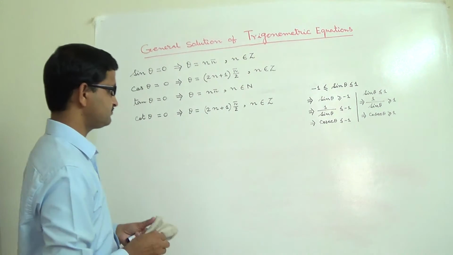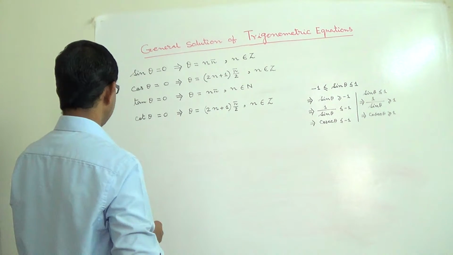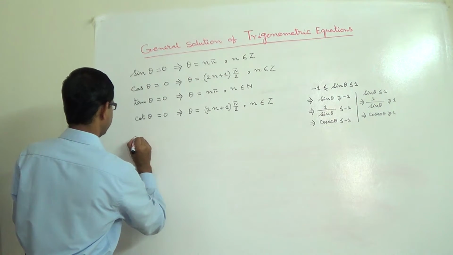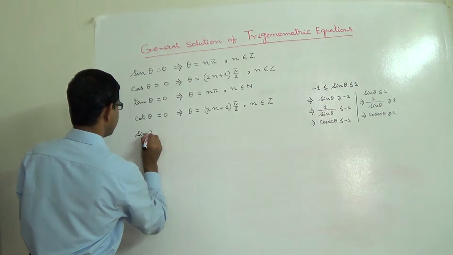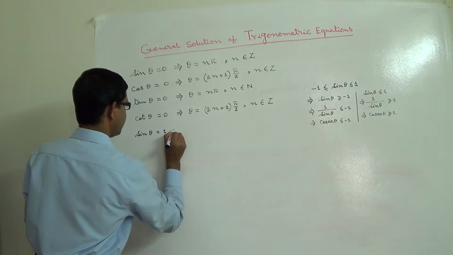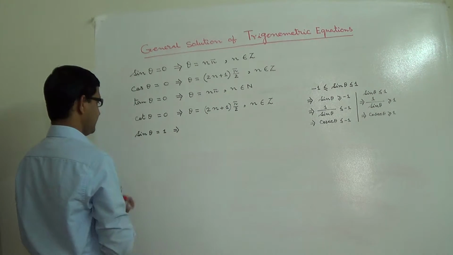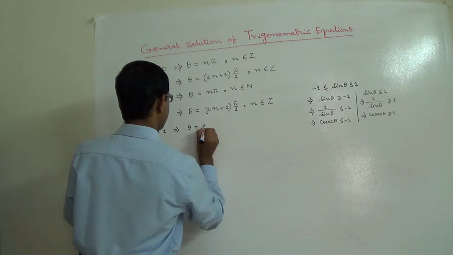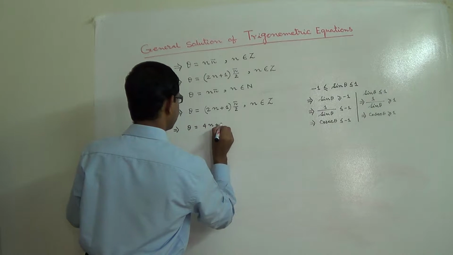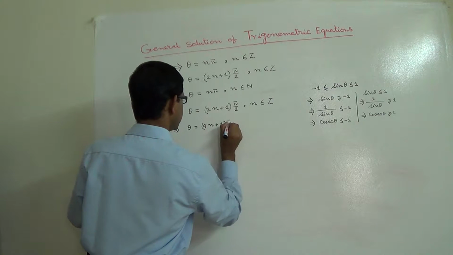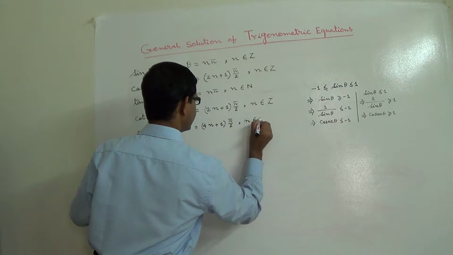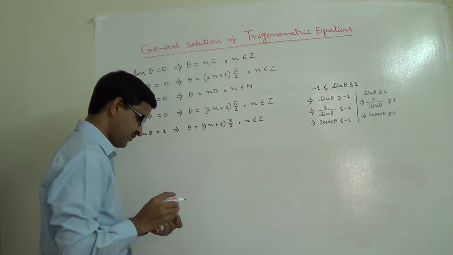Our next one is actually sin theta equal to 1. Sin theta equal to 1, what does it imply? It implies that theta equal to (4n plus 1) into pi by 2, where n belongs to Z, the set of integers.